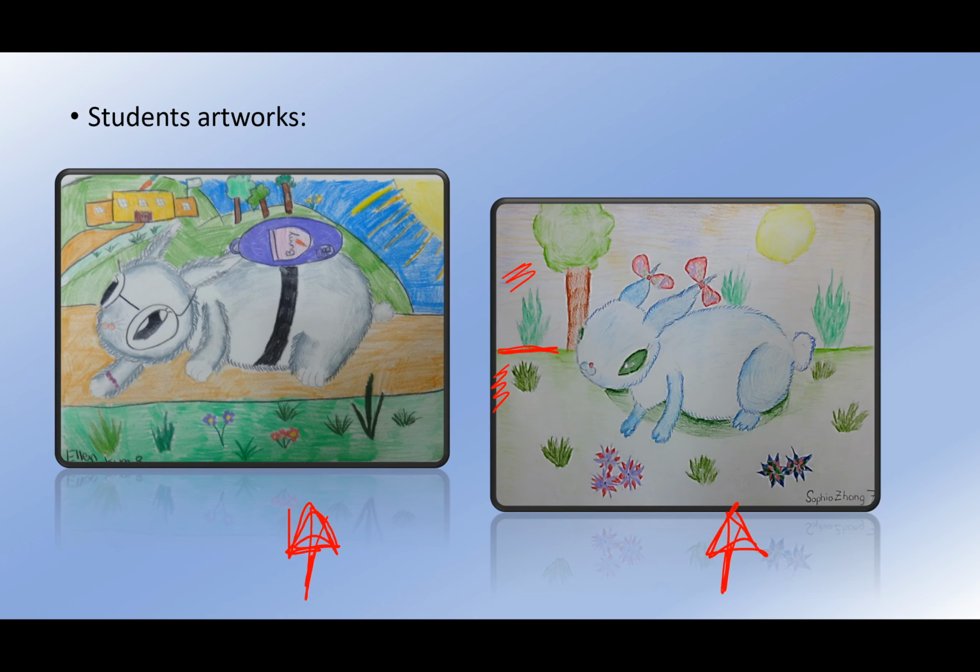It's more complicated because it's not just showing the blue sky and the green grass, but it's showing the road as a middle layer and the school as the faraway layer. They added multiple layers to show a story that this bunny is possibly going to school with their backpack.